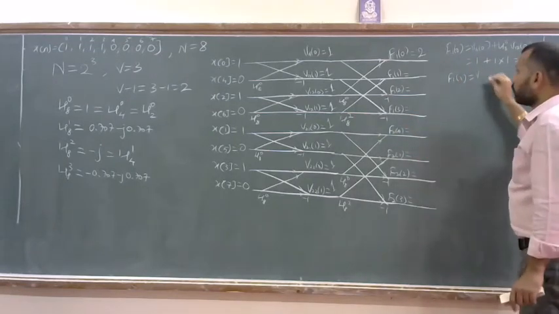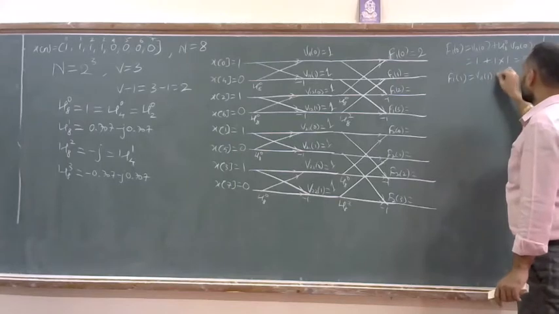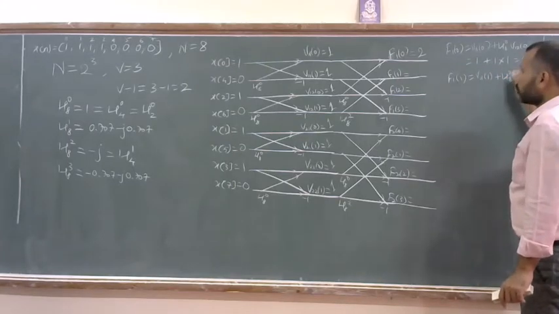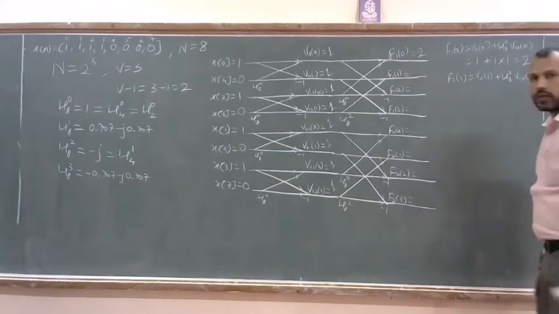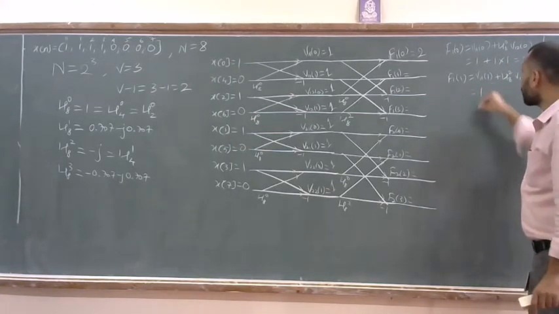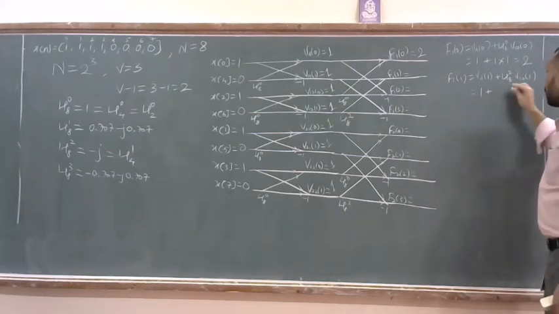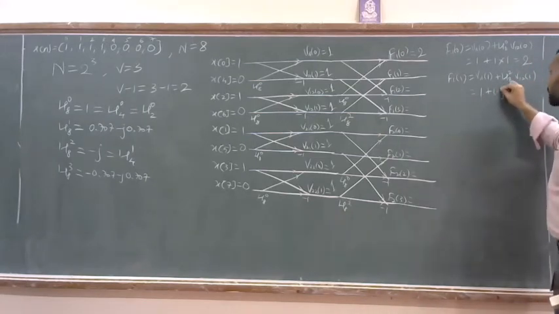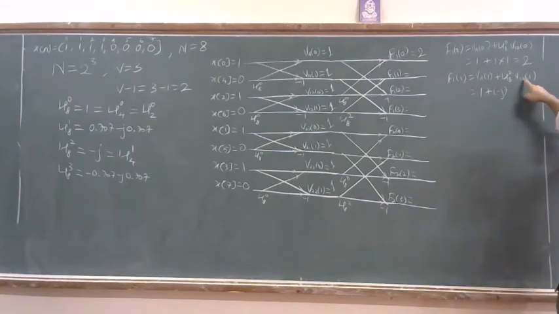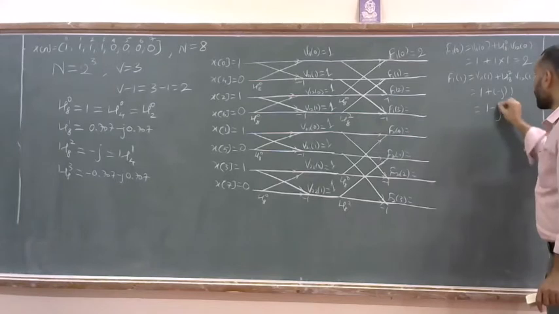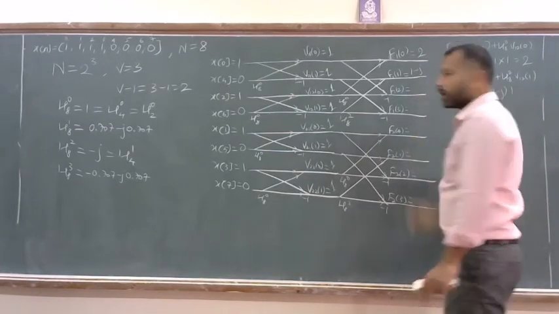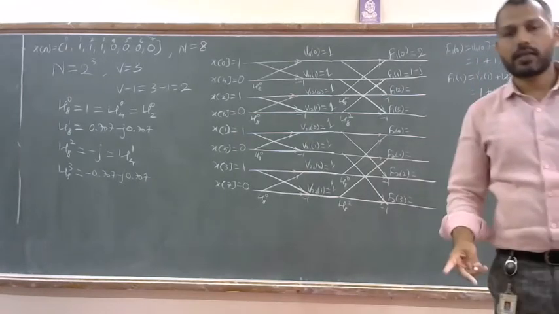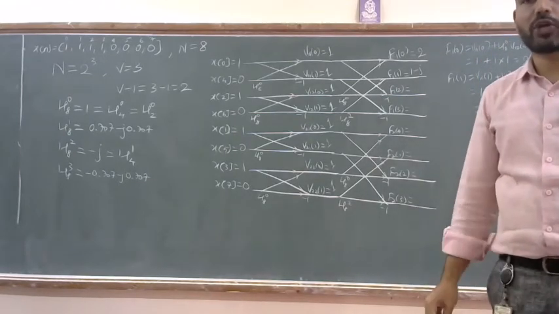So V11 of 1 plus W82 V12 of 1. The value of V11 of 1 is 1, plus the value of W82, which is minus j, multiplied by the value of V12 of 1, which is 1. So simplify this, you will get 1 minus j. So 1 minus j is the second DFT point in the 4-point DFT sequence.